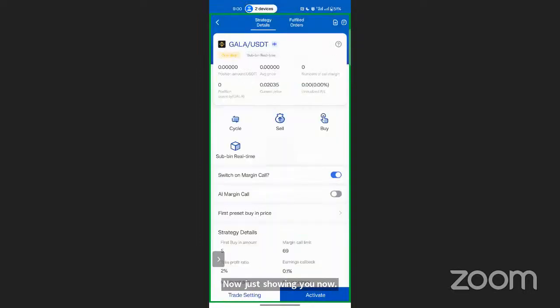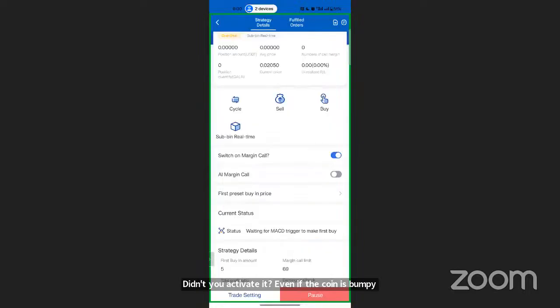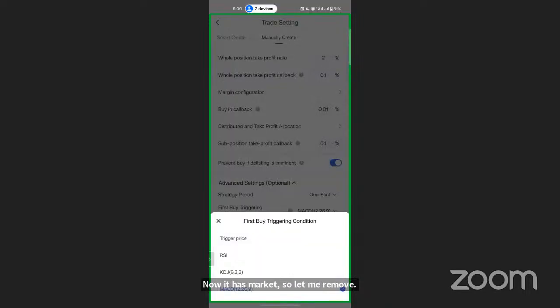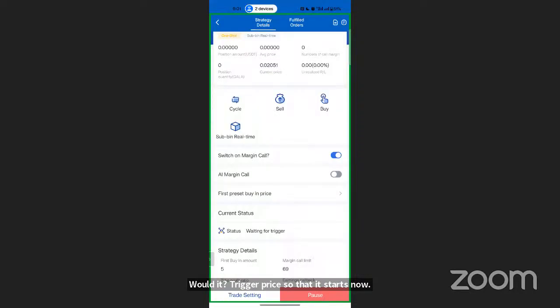Let me activate it. Even if the coin is pumping, now it has MACD. So let me remove it, put it at trigger price so that it starts now. Now I enter this coin. Now it has bought.